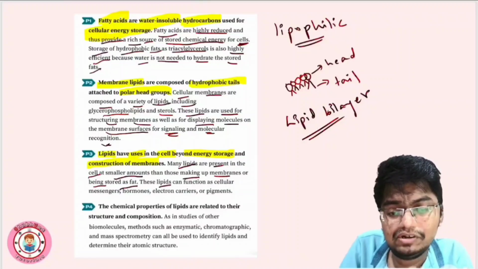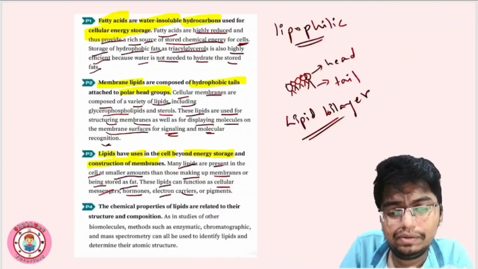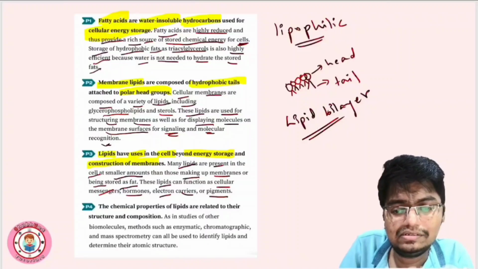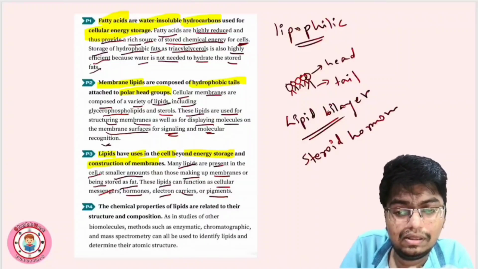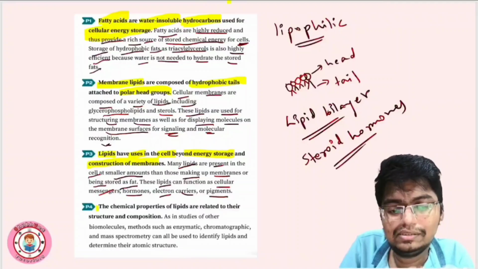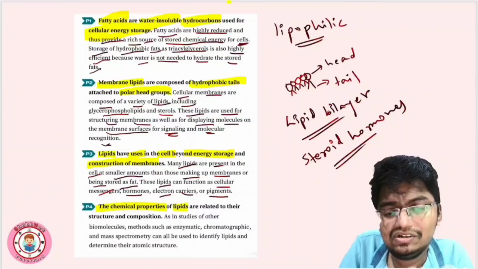These lipids can function as cellular messengers, right? Messengers function as hormones also, electron carriers or pigments. Okay, steroid hormones. We know this is a fat.